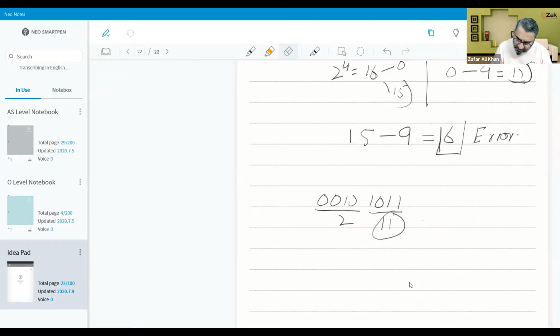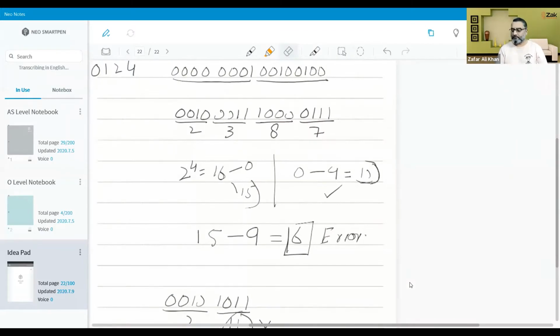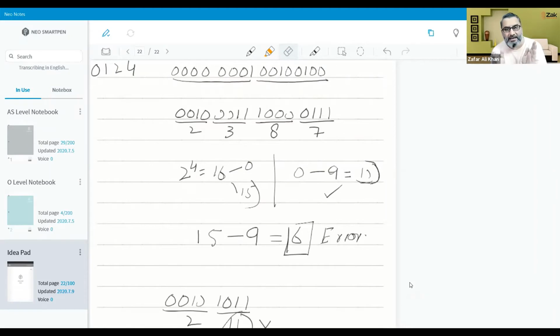11 cannot be BCD because the highest number that you may have is 9. BCD is binary coded decimal, denary. So you cannot have any single digit in 4 bits greater than 9.